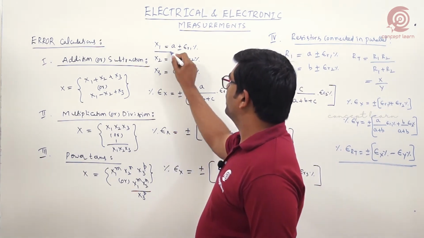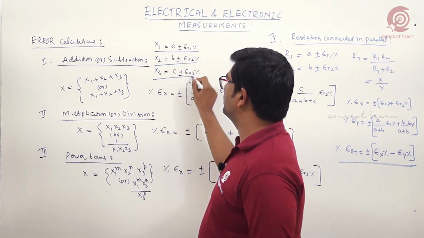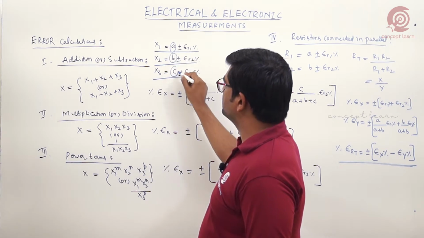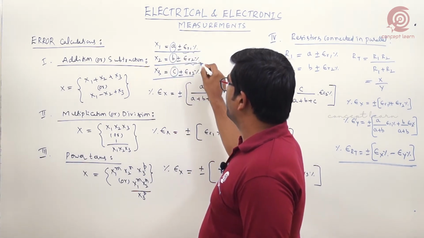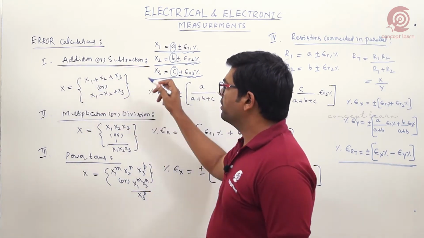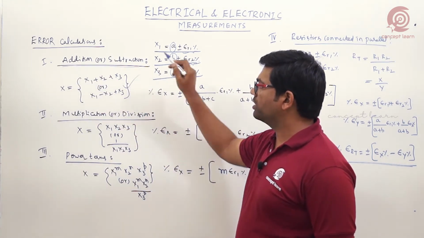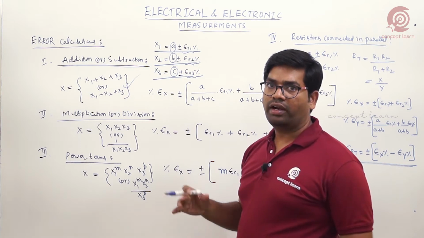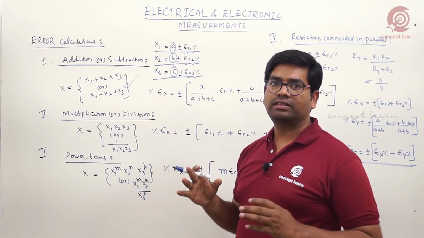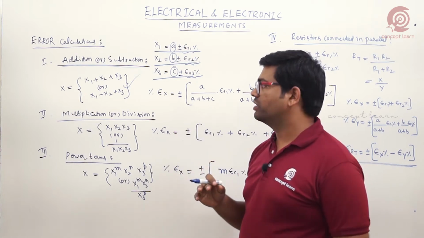Right, when they give x1, x2, x3, with the nominal values and some percentage relative error like this, the composite function could be what? Pure addition or subtraction. Pure addition or subtraction means when they give resistances connected in series, we get addition only.